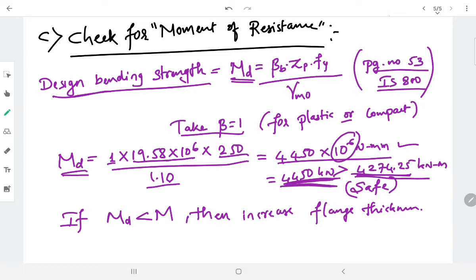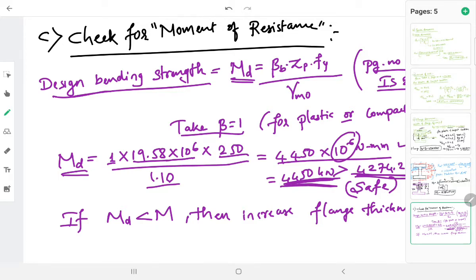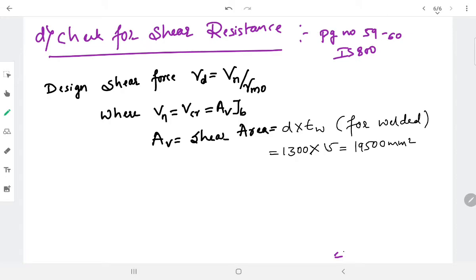Next step will be the check for shear resistance, step D. The check for shear resistance consists of steps like design shear force. The formula is VD, the design shear force, which equals Vn divided by gamma m0, where Vn is given by Vcr, which equals Av into tau b, where Av is the shear area.